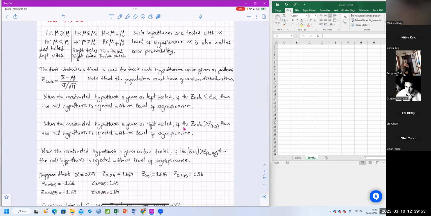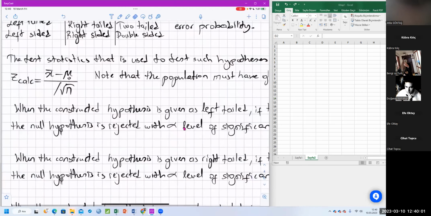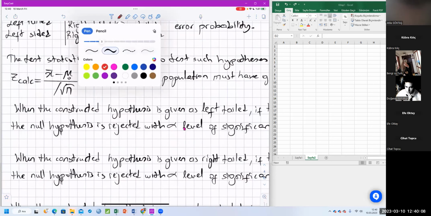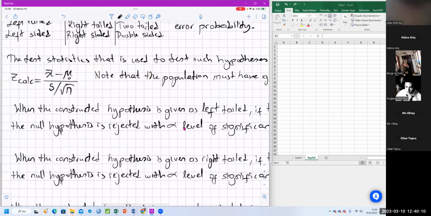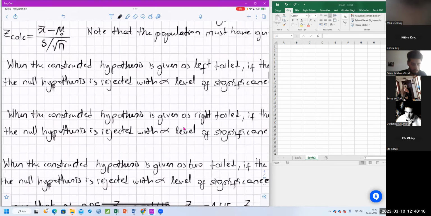The only difference is that sigma is not known, so in place of sigma, we have the sample standard deviation S.